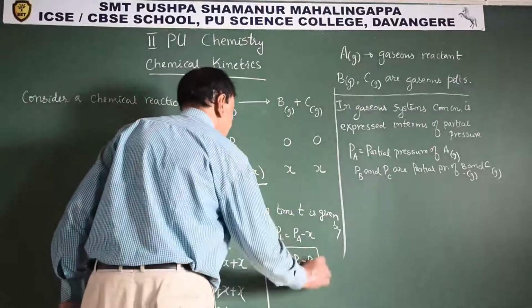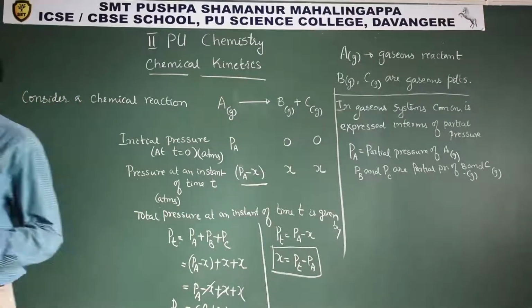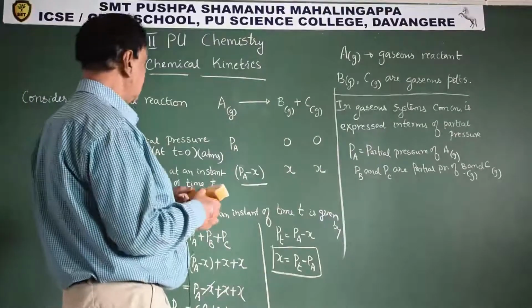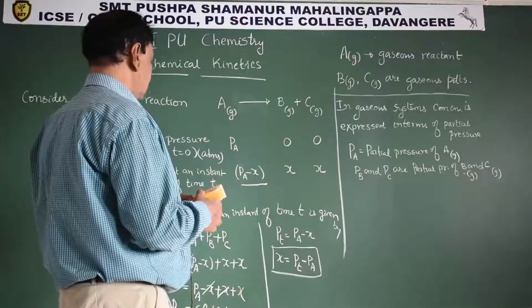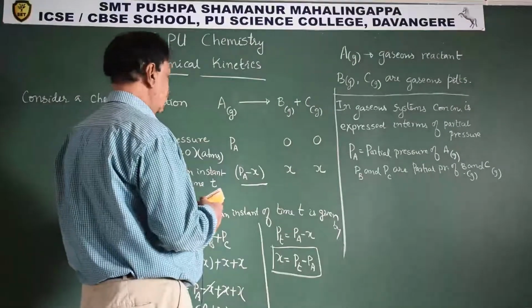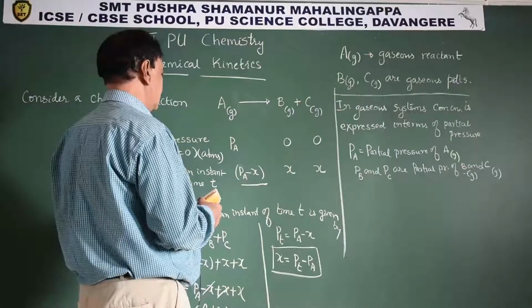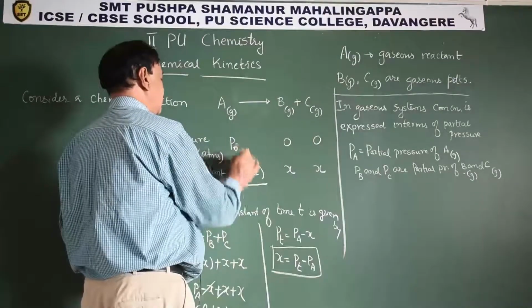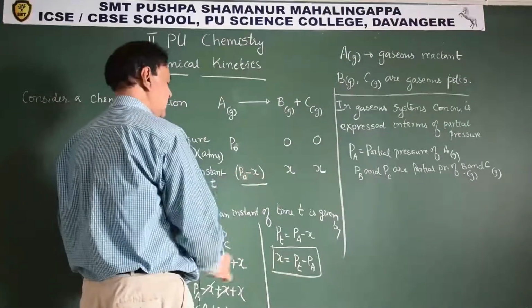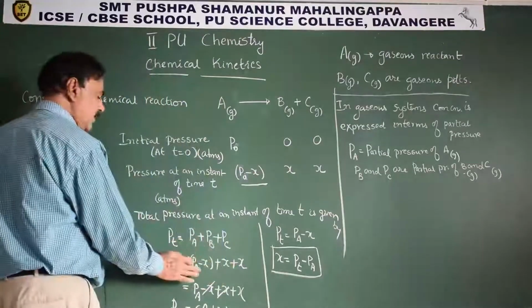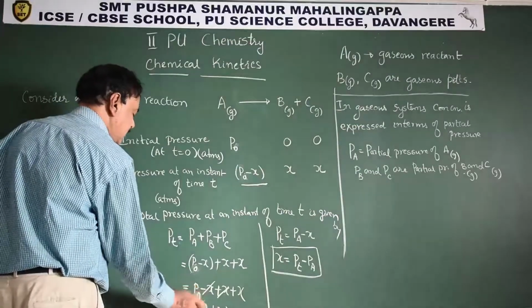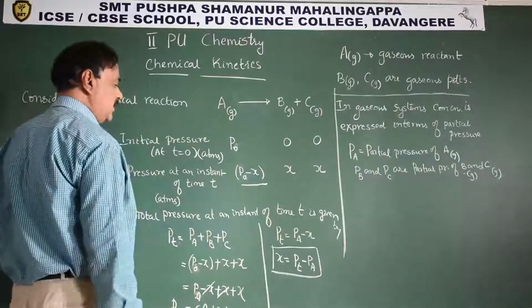Now PT minus PA. Otherwise I will call this the P naught value, that is the initial pressure.